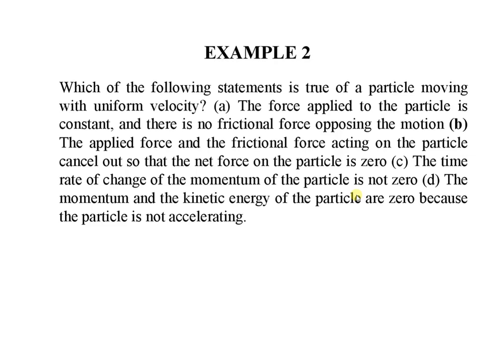Now, A, the force applied to the particle is constant, and there is no frictional force opposing the motion. That is not true. B, the applied force and the frictional force acting on the particle cancel out so that the net force on the particle is zero. That's correct. The net force on a particle moving with a uniform velocity is zero, which means the applied force and the frictional force cancel out.